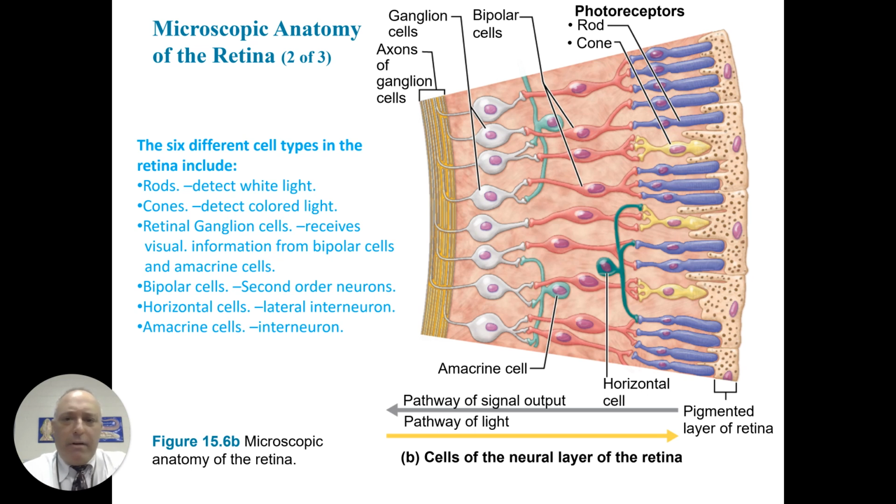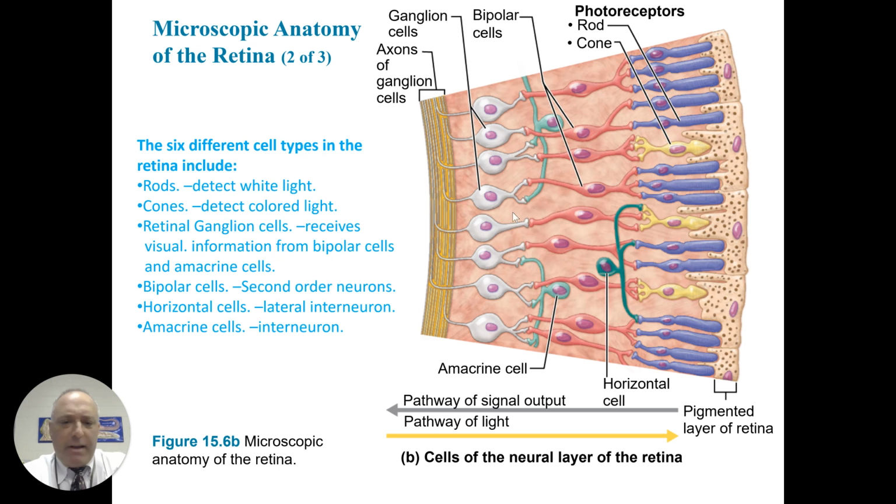Then there are bipolar cells, which are second-order neurons. And by the way, these rods and cones are embedded in the retina. So half of their body process is embedded in the retina. And you see they synapse with these bipolar cells, which are second-order neurons.